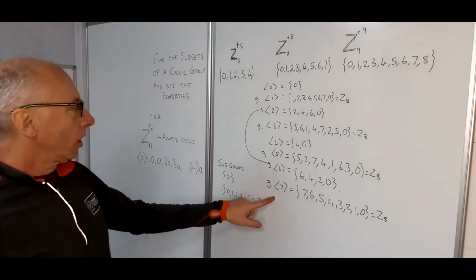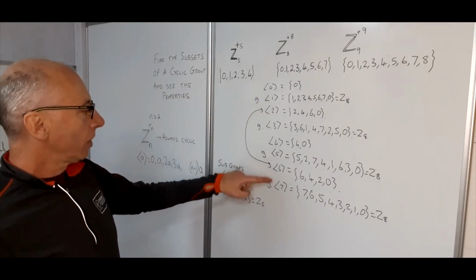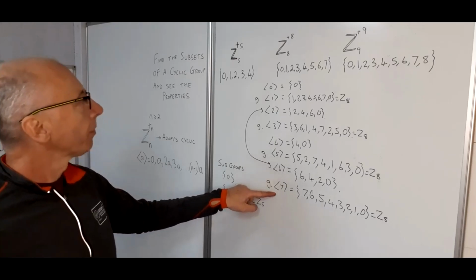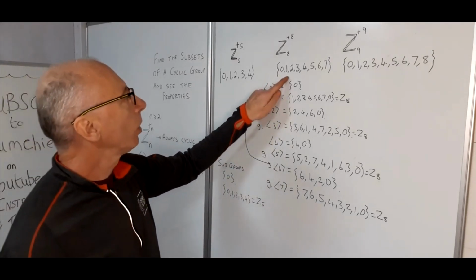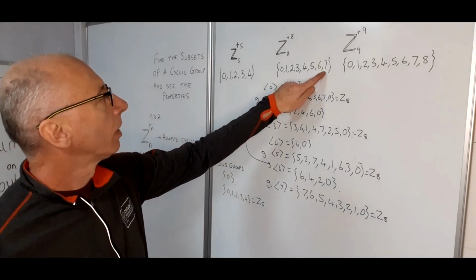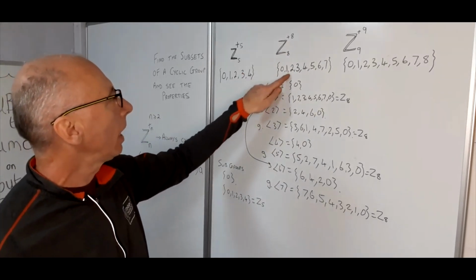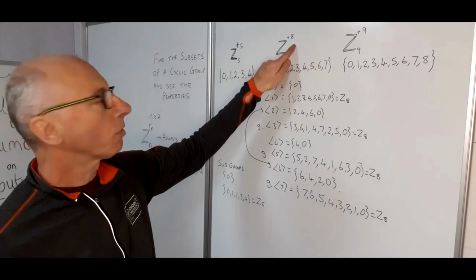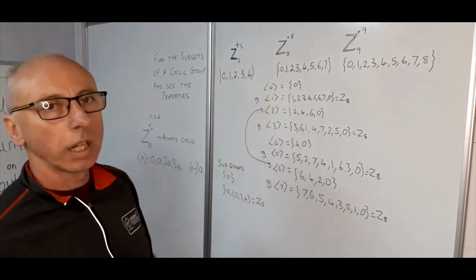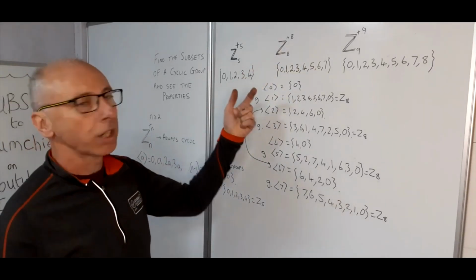So basically we've got 1, 3, 5 and 7 are generators. Now we'll see here that 1, 3, 5 and 7, these are coprime to 8. So any coprime element of this group here will yield a group, will be a generator of the group.